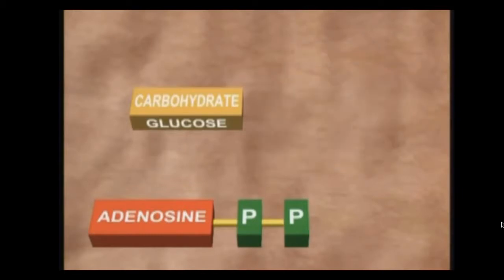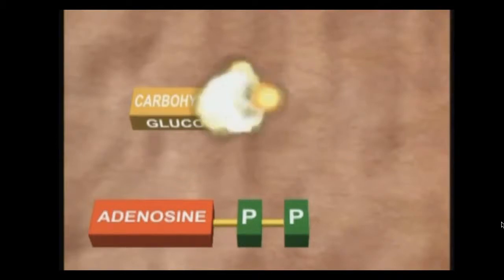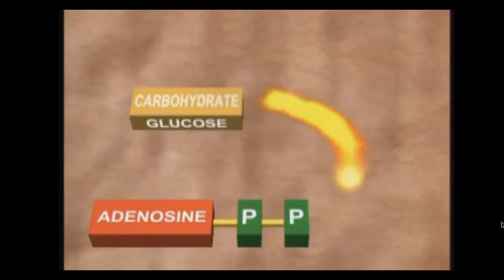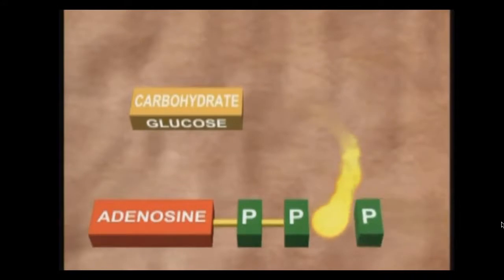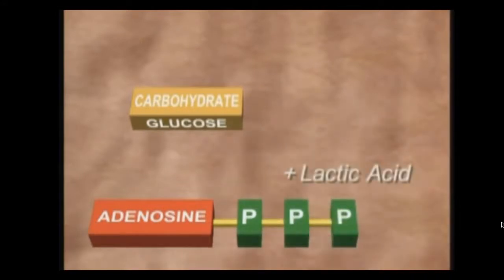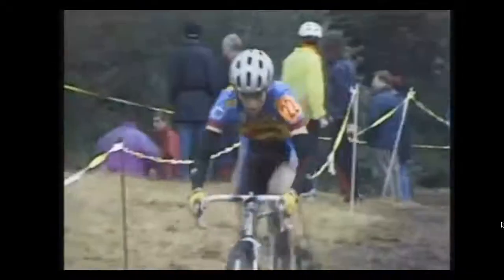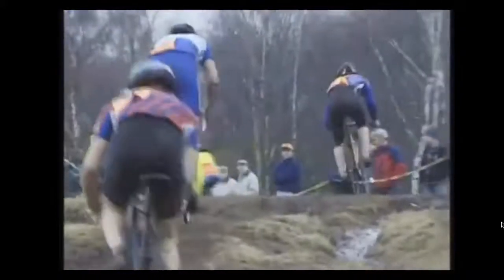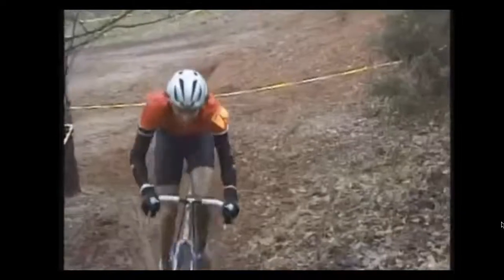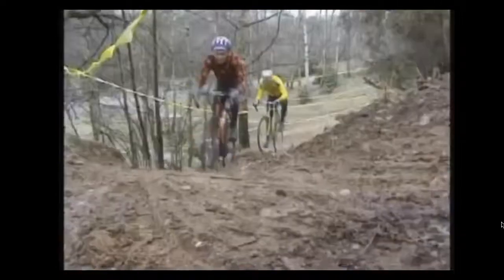In the lactic acid system, glucose is broken down without oxygen to give energy for ATP resynthesis, plus the byproduct lactic acid. As in the ATP-CP system, energy is produced quickly, but the buildup of lactic acid causes fatigue, which we feel as a burning sensation in the muscles.